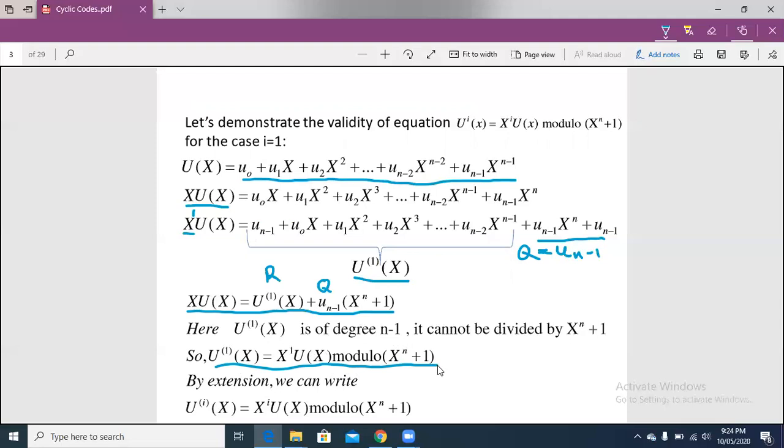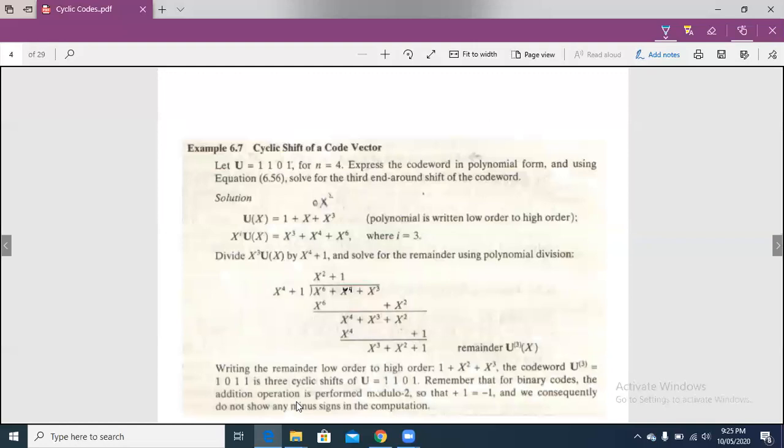Right? So generically, we can write the code word of ith order by shifting the code word by i places and dividing it by xn plus 1, and we get the remainder ui of x. Let's see an example.